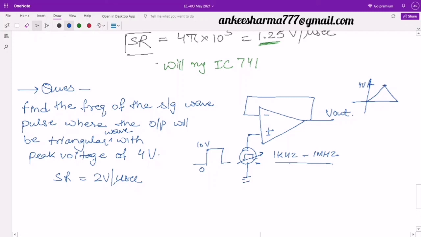The amplitude should go up to 4 volts and then decrease. Slew rate is given to you as 2 volts per microsecond. This is an assignment question, you will solve it.